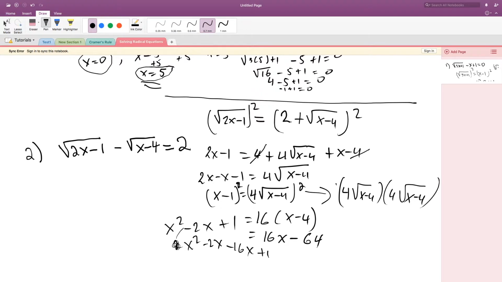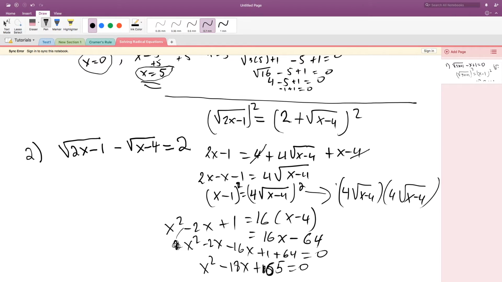Plus 1 plus 64, because it's a negative, so when it moves to the other side it's going to become a positive. So that's what I have. Let's just tidy this one up. So I have x squared, these two give me minus 18x, and this gives me 65, not 15, 65, all equal to 0.